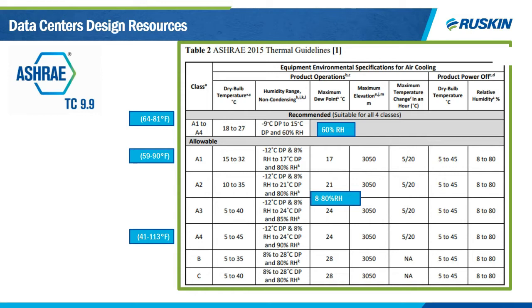But if you look at it quickly, let's say recommended A1 through A4, your temperature set point is anywhere from 64 to 81, and your relative humidity is 60%. We know it's not 55 degrees and it's not 50%. Now, if you have other classifications, like perhaps A3 or A4, you have a wider range in the temperature, and you have a wider range with the humidity, with much more relaxed controls on the humidity.